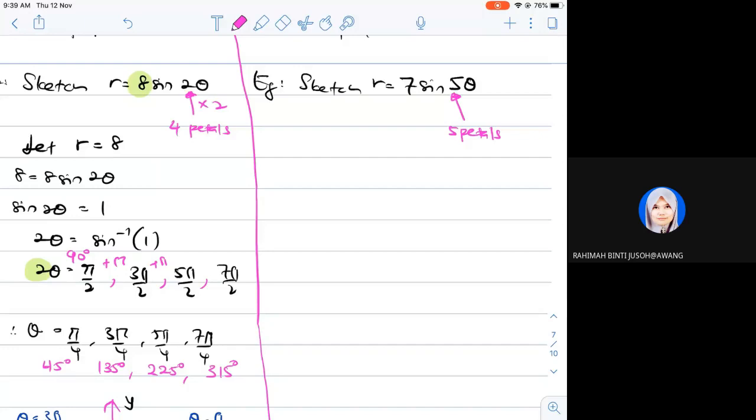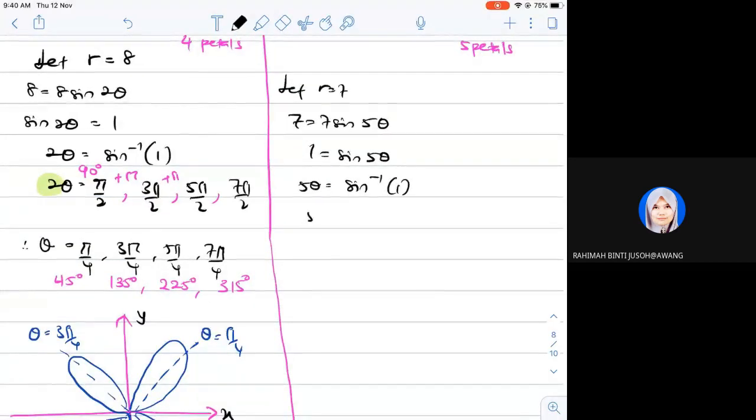Alright, again, the same step we let r equals to 7. So 7 equals to 7 sine 5 theta. And then equals to 1 sine 5 theta. It's the same. So here the same number. So 5 theta should be pi over 2.